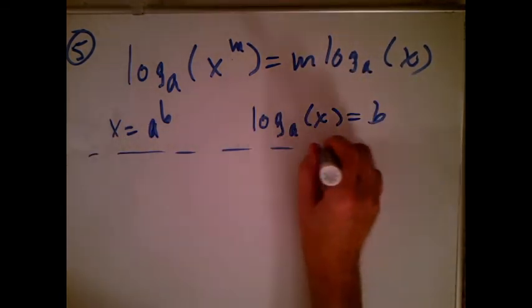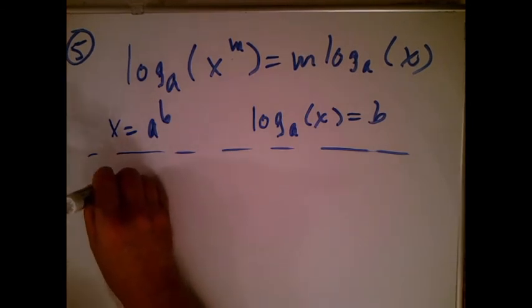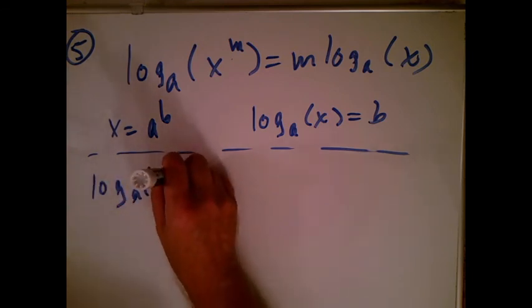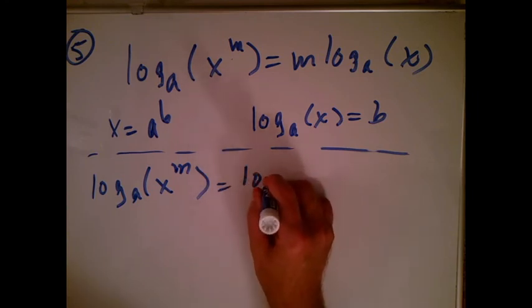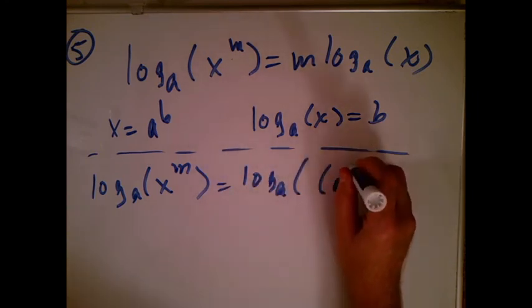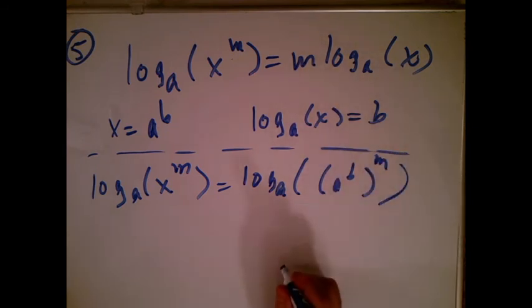Okay, now once I've decided that x equals a to the b is a good thing to write, I'm going to write the log base a of x to the m, because that's what we're trying to figure out. I'm going to put a to the b in there. This is log base a of a to the b to the m, like that.